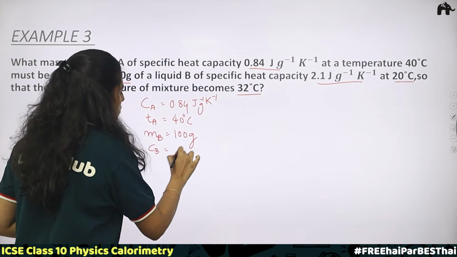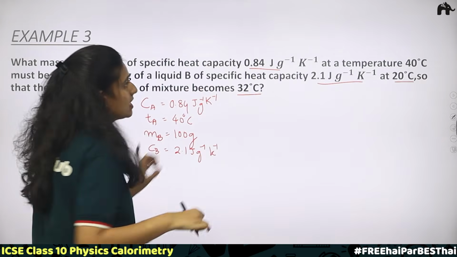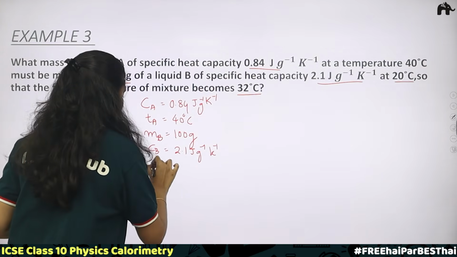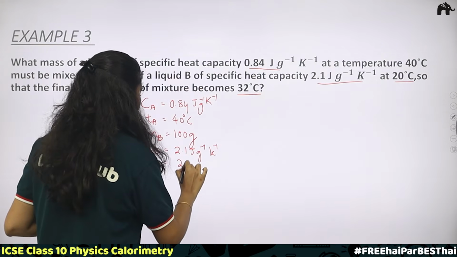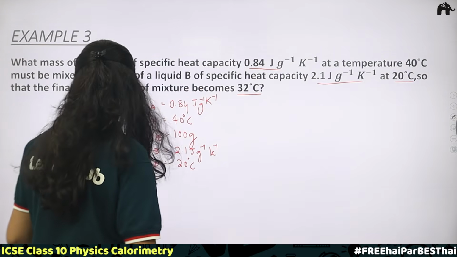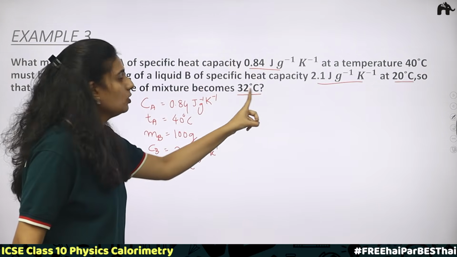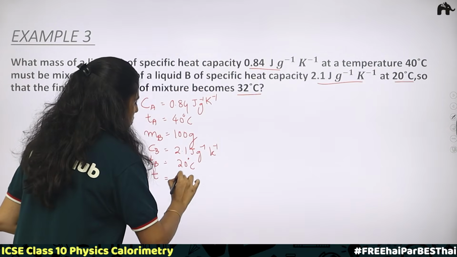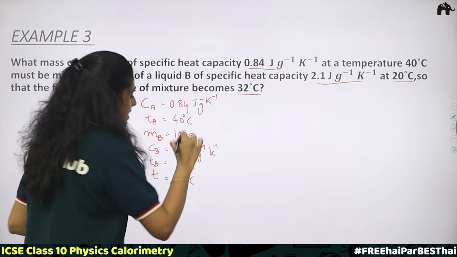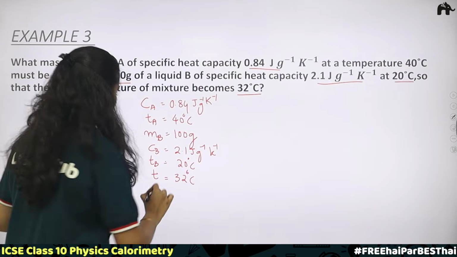Cb is equal to 2.1 at 20 degrees Celsius. Tb, temperature of B, is equal to 20 degrees Celsius, so that the final temperature of the mixture becomes 32 degrees Celsius. So final temperature we represent as T. T is equal to 32 degrees Celsius. We have to find the mass of A.